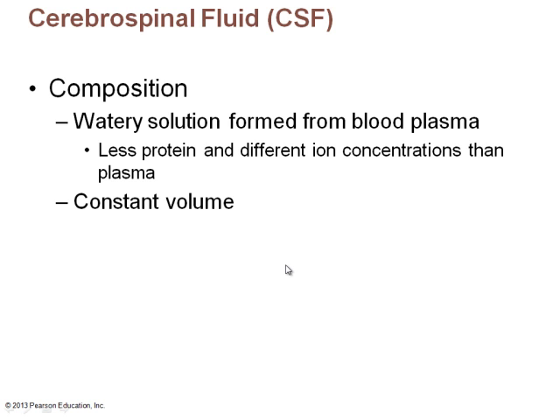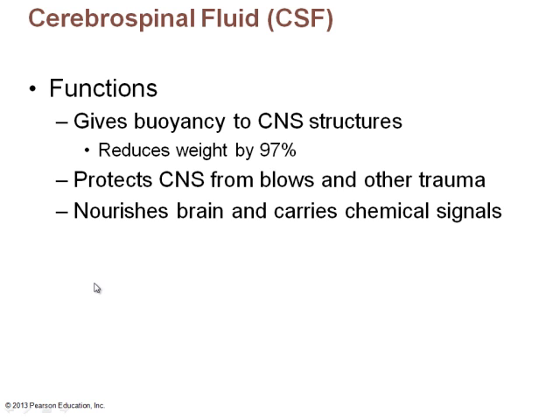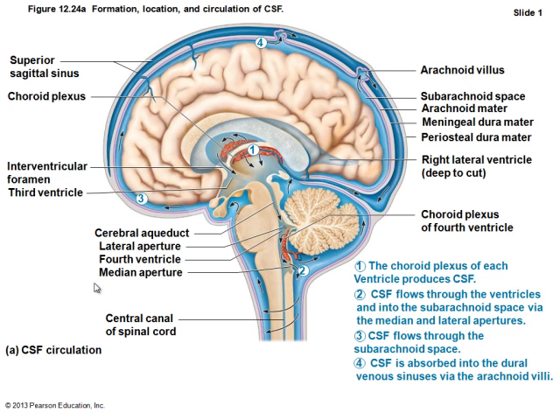Also, too much pressure from cerebrospinal fluid can cause a lot of problems with neuron function and can actually cause damage. So it helps to give buoyancy to the central nervous system, which protects it from trauma and blows, and provides nutrients.